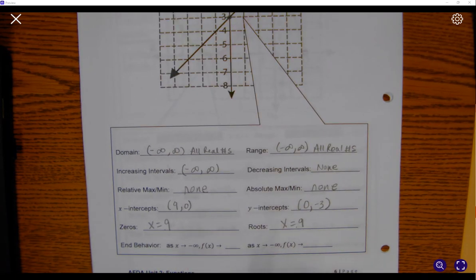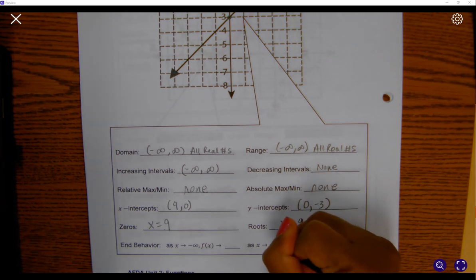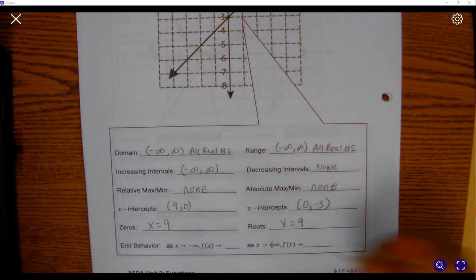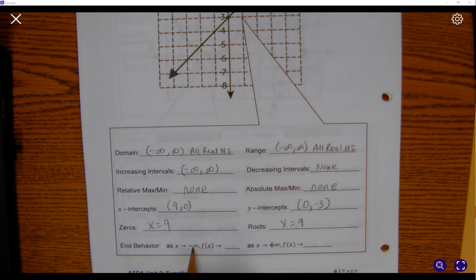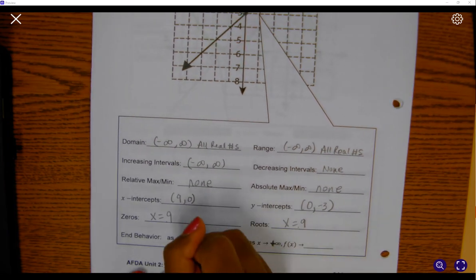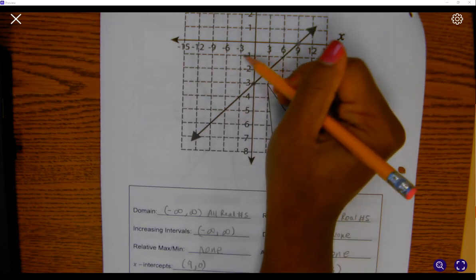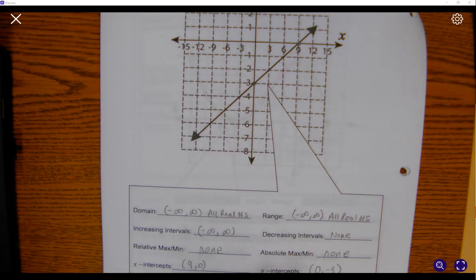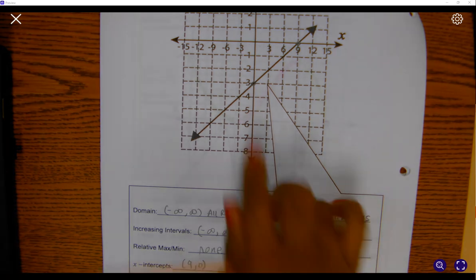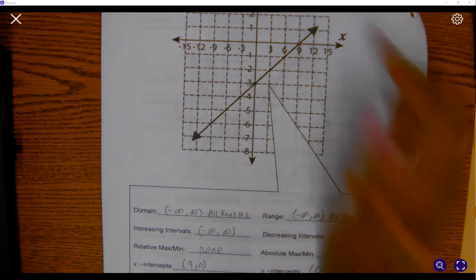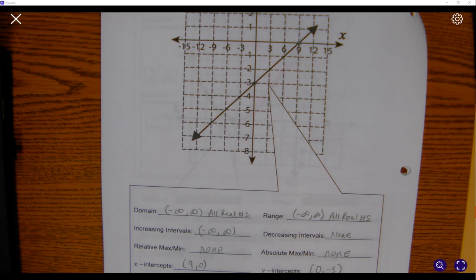Roots are the same thing, and then the end behavior. So you have as x goes to negative infinity, this means on the left side. What is my graph doing on the left side? Well, it's going down, so there would be negative infinity. As x goes to positive infinity on the right side, it is going up to positive infinity.